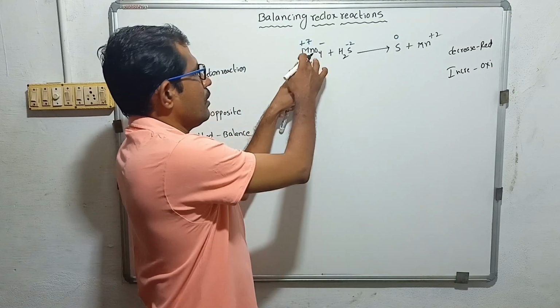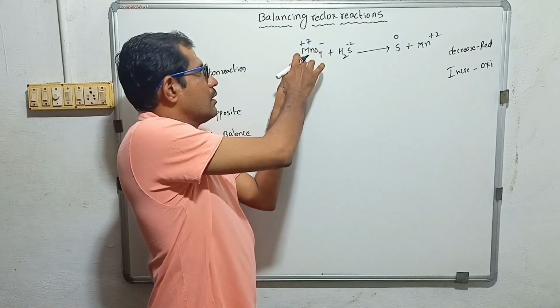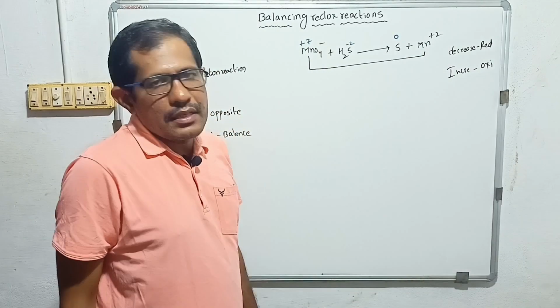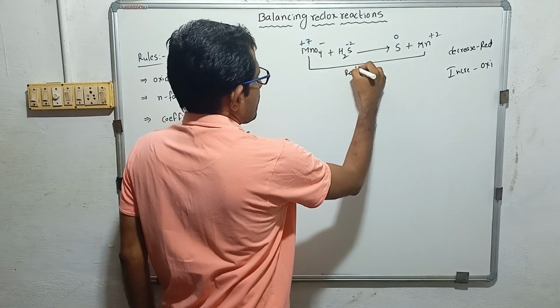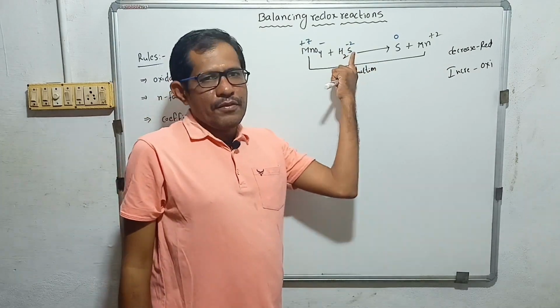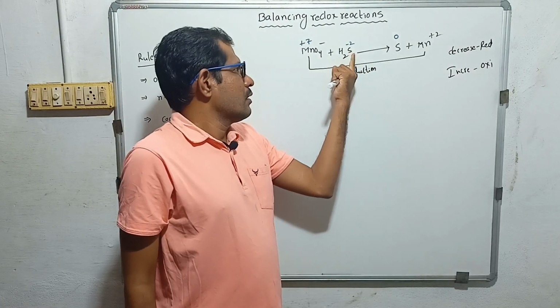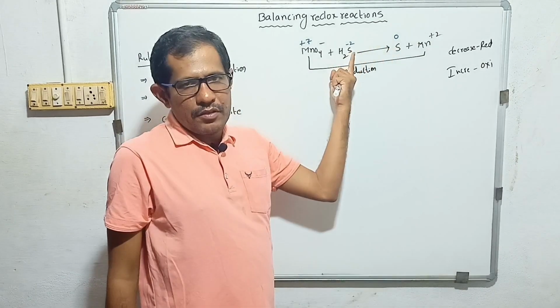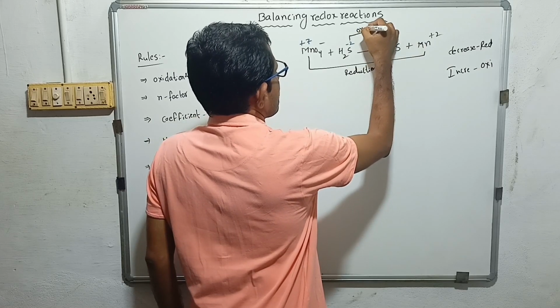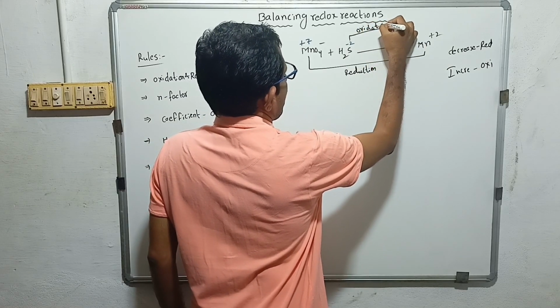If you see here Mn, the decrease in oxidation number is happening, so this is the reduction reaction. If you observe the sulfur, there is an increase in oxidation number, so this is the oxidation reaction. The first step is over.